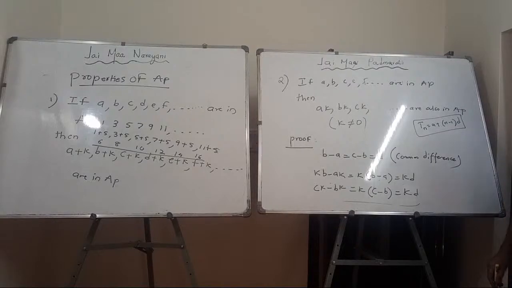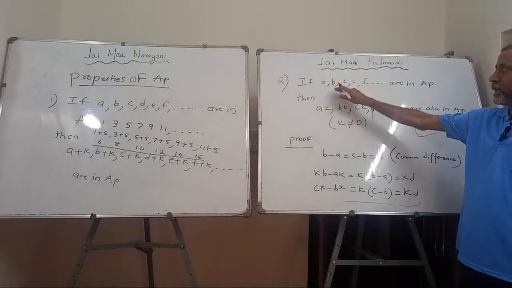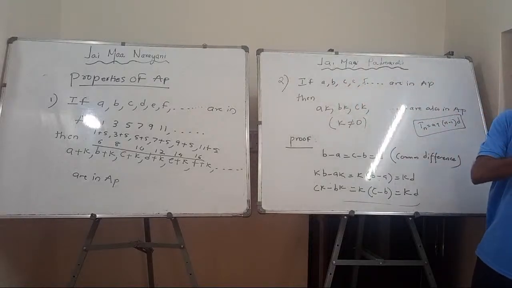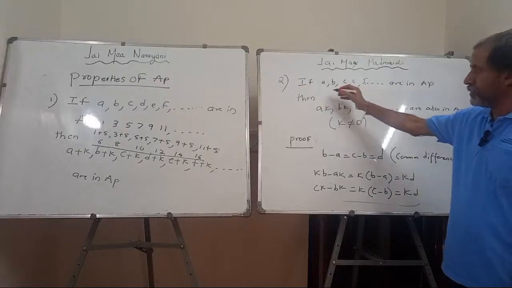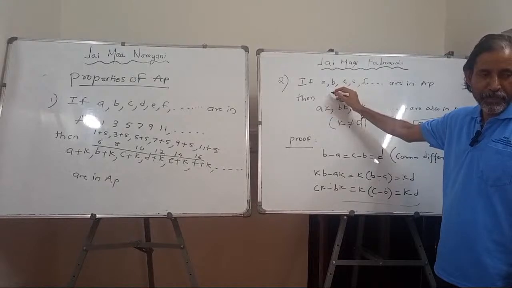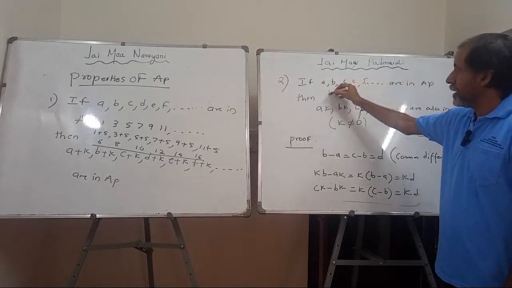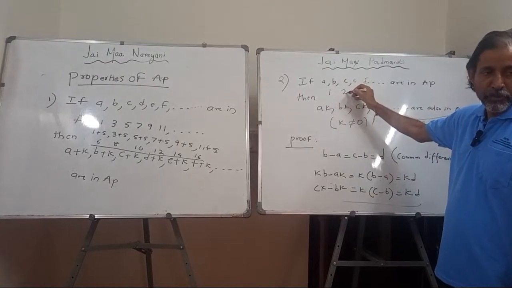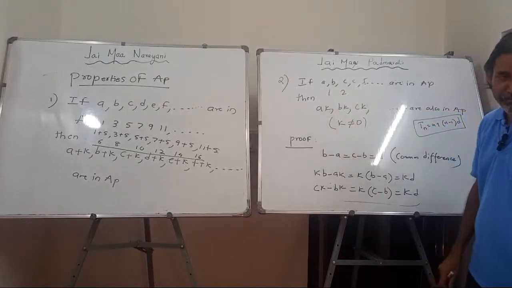Okay. Now, Ananya, give me values of A, B, C, D, E, F such that they are in AP. Just like he gave 1, 3, 5, 7, you give me something. I just want to show you the same with an example.